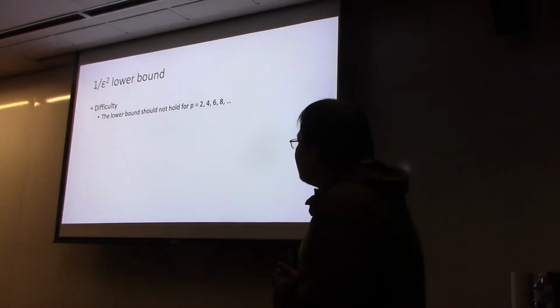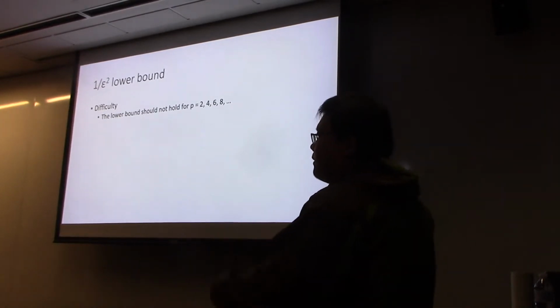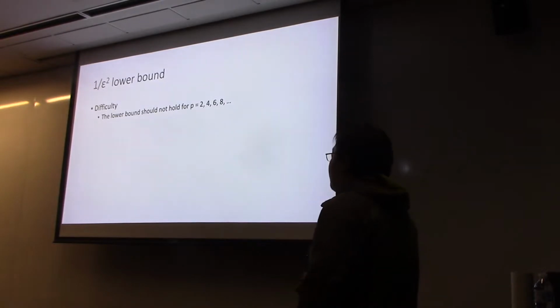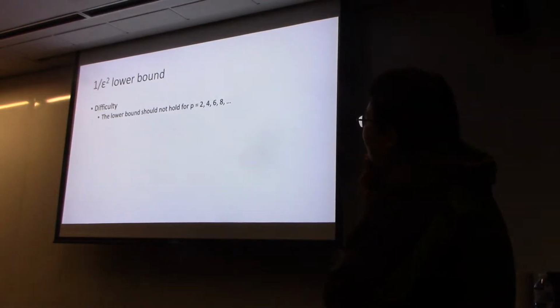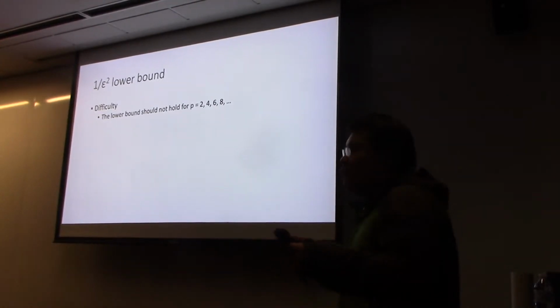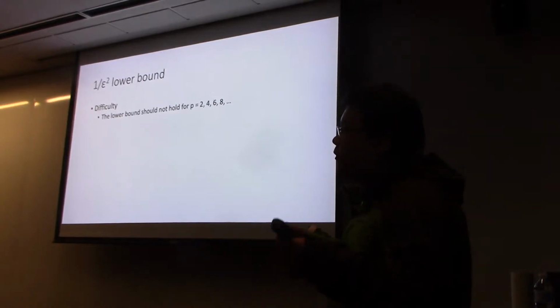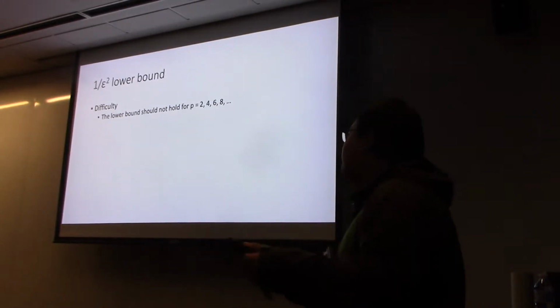And let's talk more about the dependence on epsilon, because this actually implies lots of new non-embeddability results in functional analysis. And I think one of the major difficulties here is that, suppose I have a proof that works for P equals 2. Why should not our proof work for, let's say we have a proof that works for P equals 1. Why should not the proof work for P equals 2?